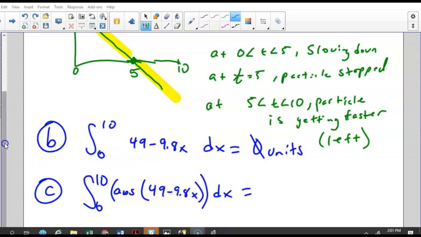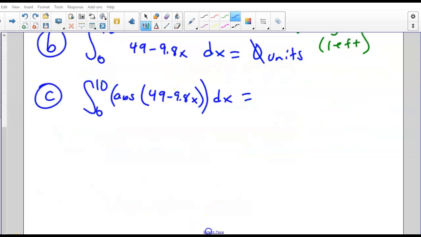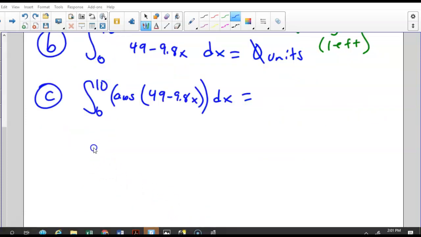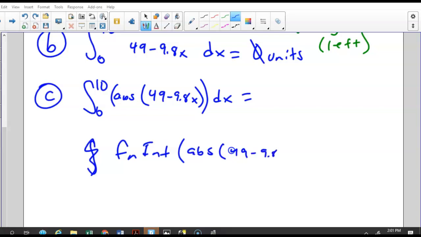For yours, you put the integration, or you go FNINT of ABS of 49 minus 9.8x, comma, x, comma, 0, comma, 10.